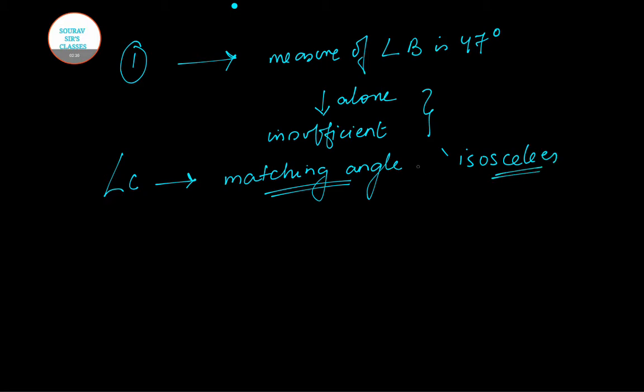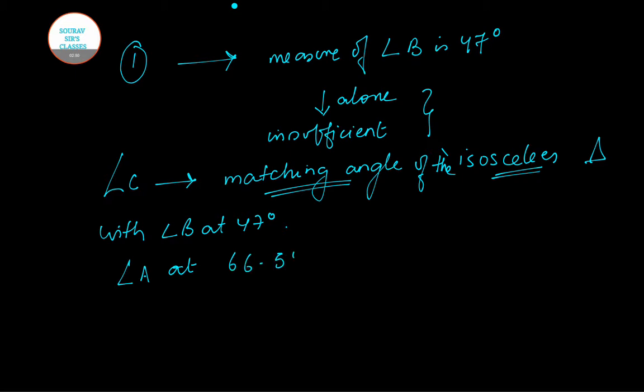It can be the matching angle of the isosceles triangle with angle B at 47 degrees, or it could be matched with angle A, which is at 66.5 degrees, or it could be the non-matching angle, because only two angles match and one doesn't.